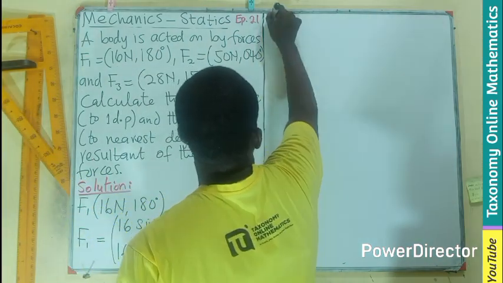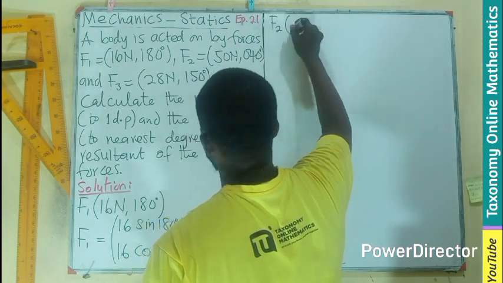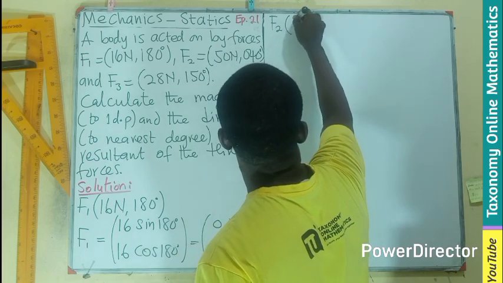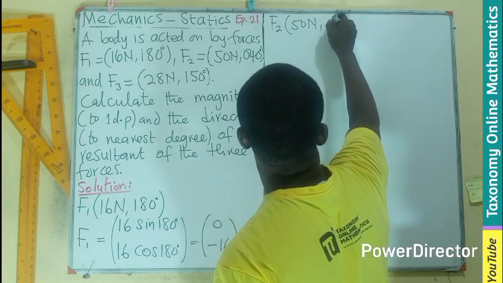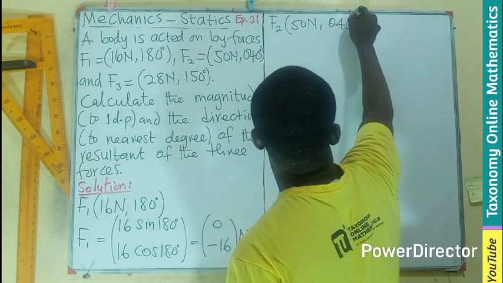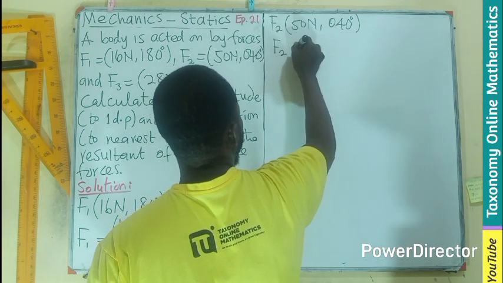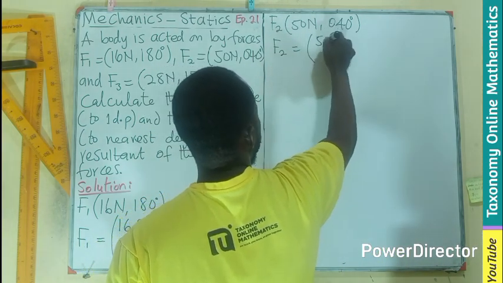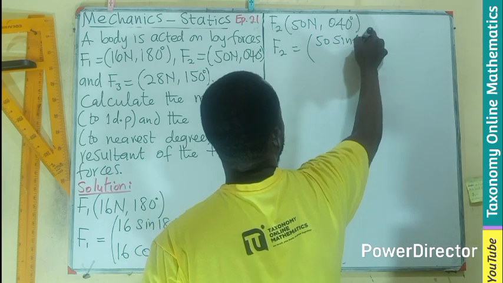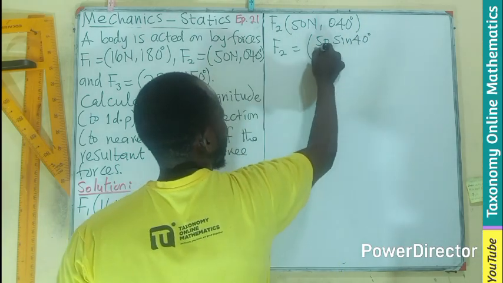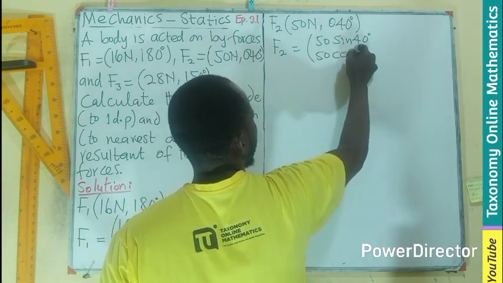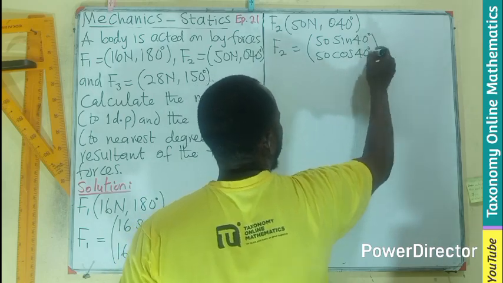Let's see the second force, magnitude of 50 Newton, direction of 40 degrees. If I resolve that force into component form, it should be 50 sine of the angle 40 degrees, 50 cos of the angle 40 degrees.